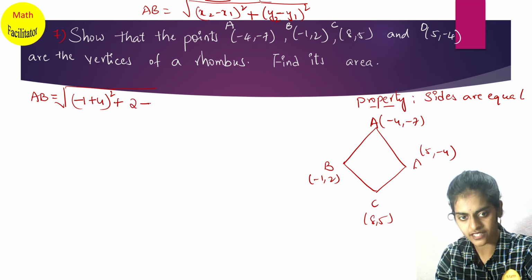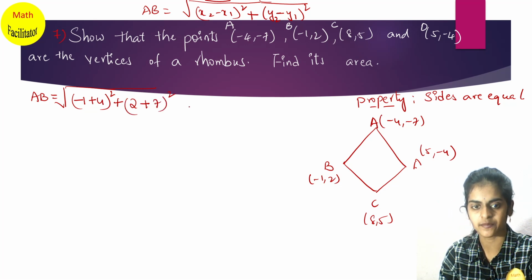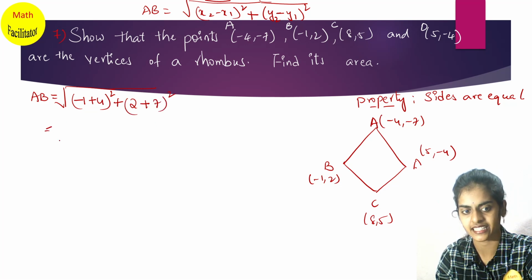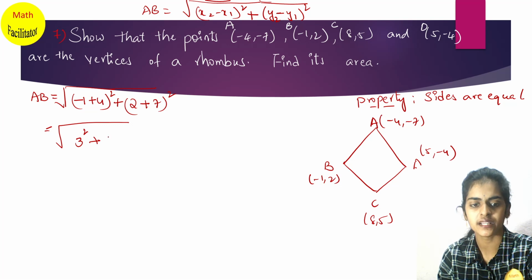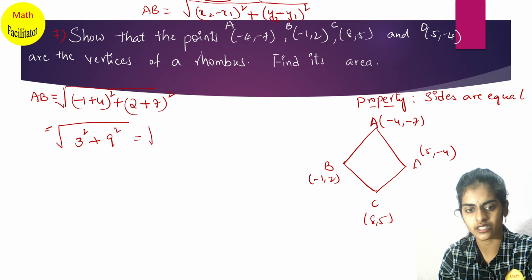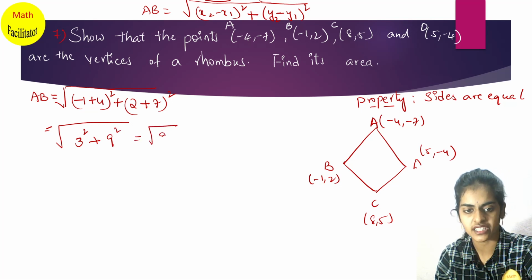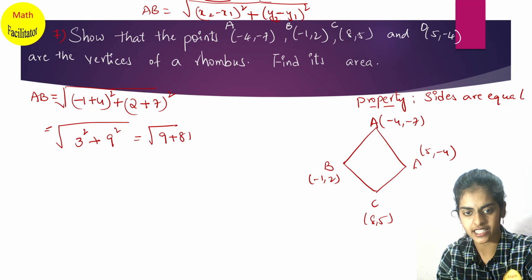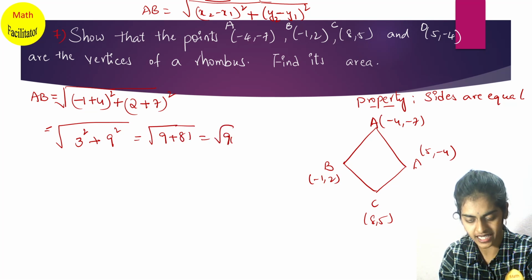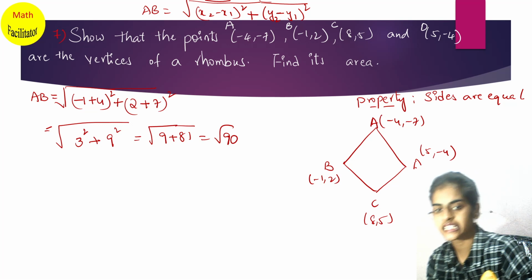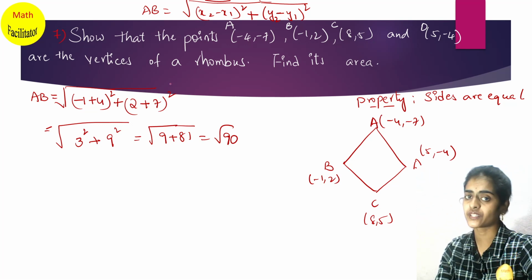So 2 minus of -7 gives you +7. I'm just eliminating one step here, writing it directly. So this is root over -1 plus 4 is 3, so you have 3 square, plus 2 plus 7 is 9, so 9 square. So 3 square is 9 plus 9 square is 81. So you will get root 90. So root 90 is the length of the side AB.